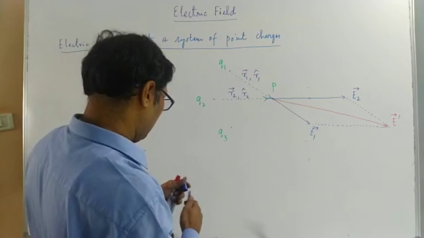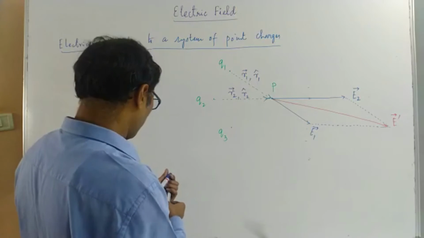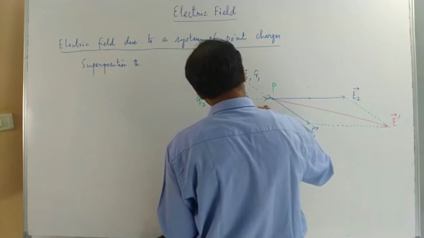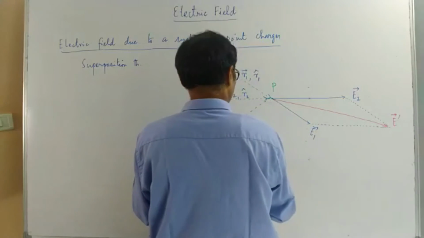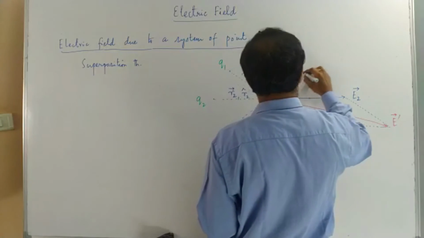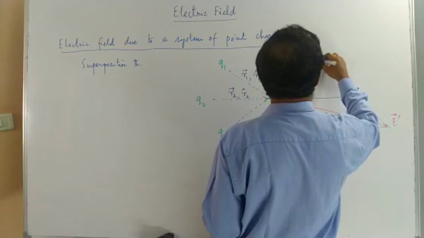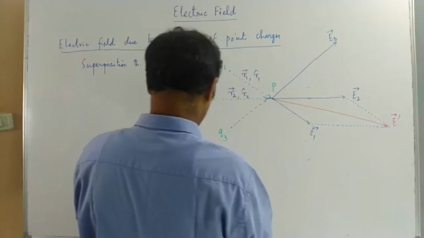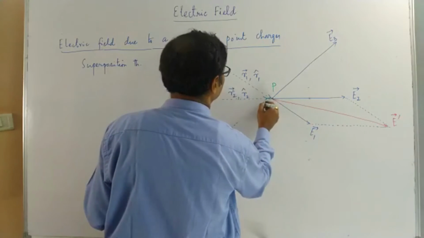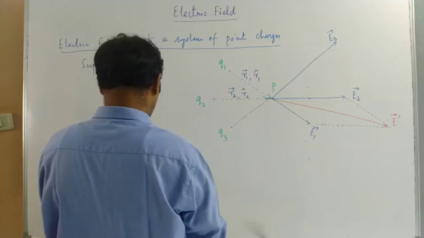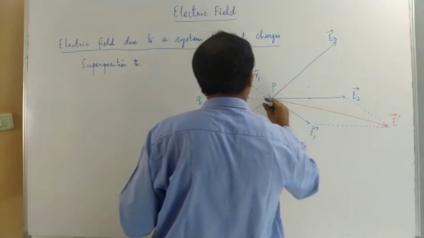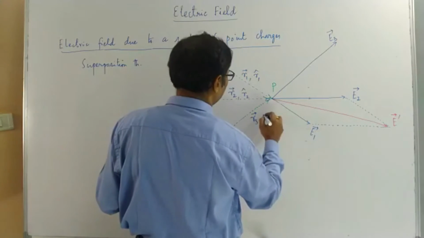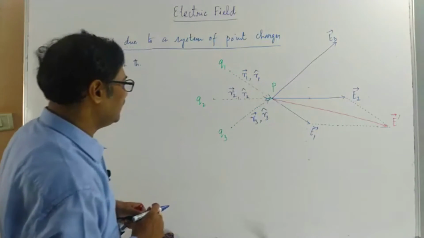Now you also have a point charge Q3 which may produce electric field E3 at point P. This electric field E3 may be represented by this vector. As before, you consider the vector from Q3 to P as R3 and the unit vector along this direction as R3 cap.